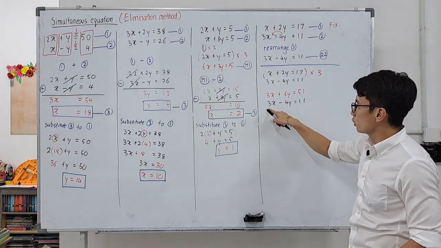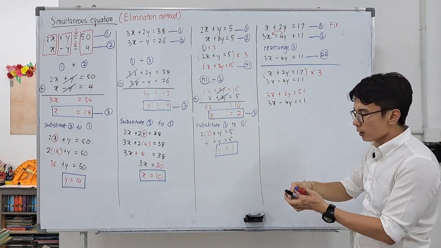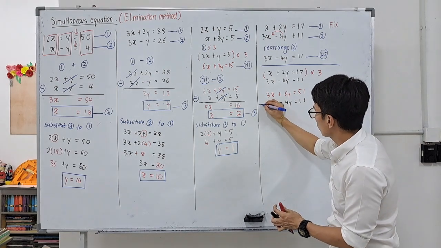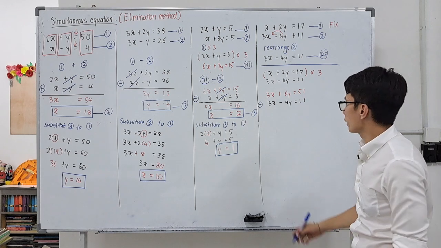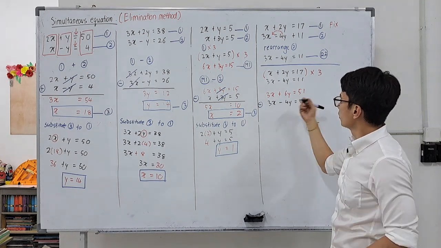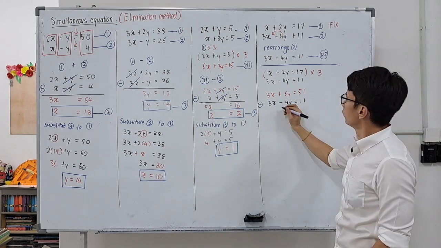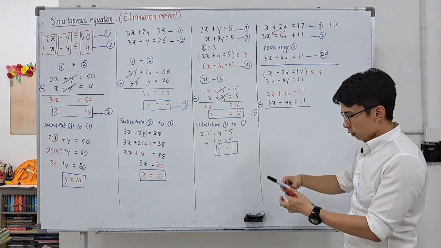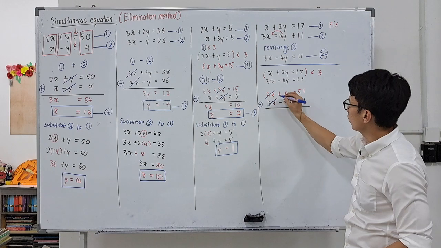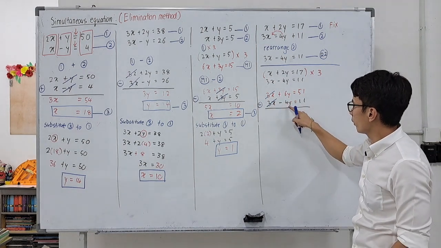Since my goal is to eliminate x, I have to subtract them, correct or not? Okay, so what will happen now? This will be subtract, cancel out, cancel out.